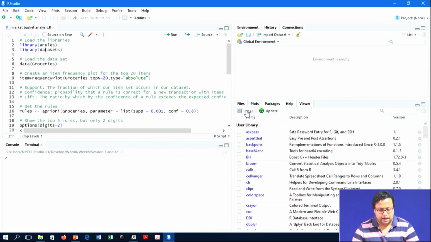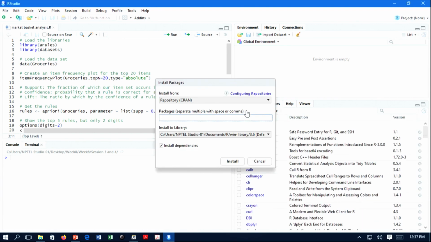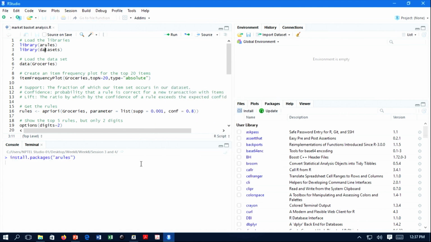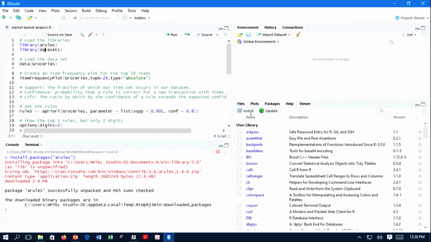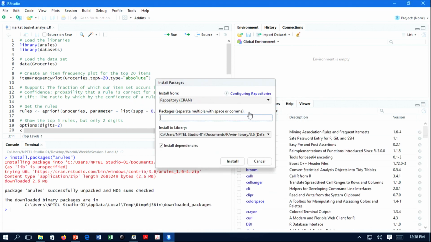If I do not have them, as usual I have to install them. arules stands for association rules, so I will install it, and then I will also install the datasets library. arules has been installed, easy.